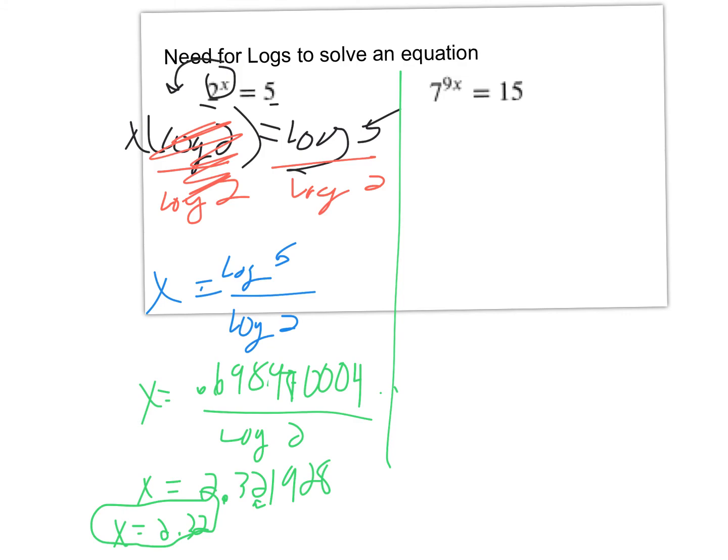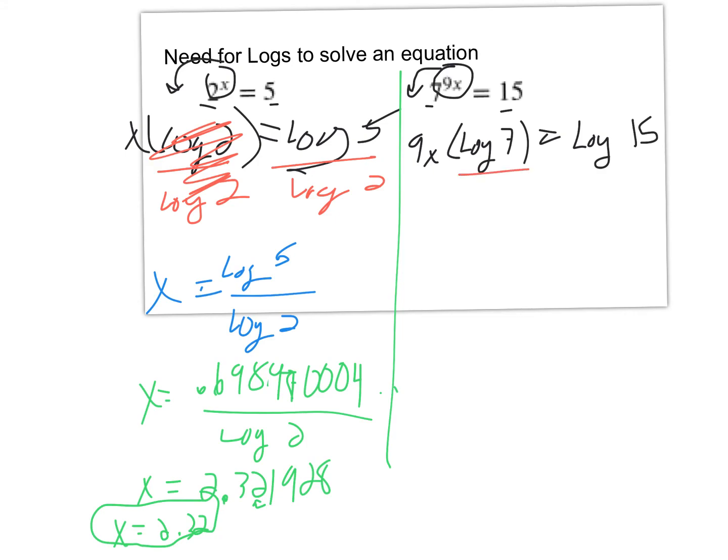All right, let's look at the next one. A little bit more work to do in this next one. Again, try to establish common power base, but we can't. So we're going to take the log to drag this 9x down into the problem. So 9x times log 7 is equal to log 15.